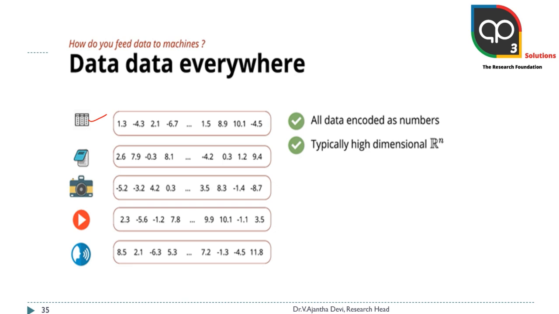That is also in numbers. So all of this could be represented as structured data. And you can also have text data such as reviews. And now the question is, how do you represent the text data as a number? We will get to that at some point.